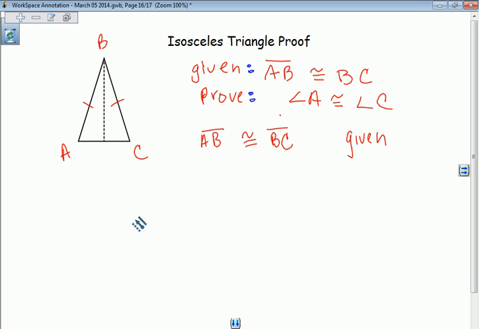Okay. So, I drew in, I'm going to call this point right here where it hits D. I'm going to draw in BD such that it bisects angle ABC.